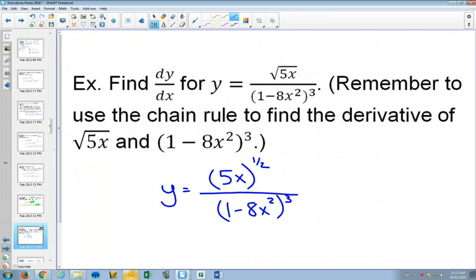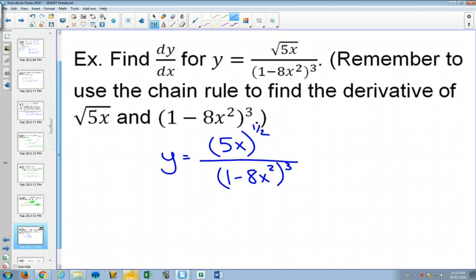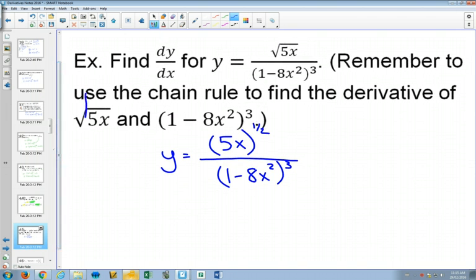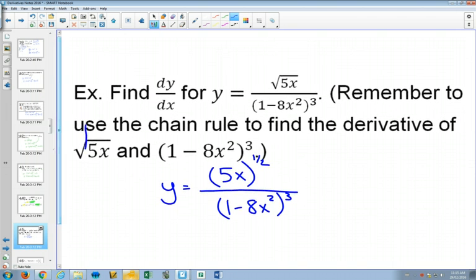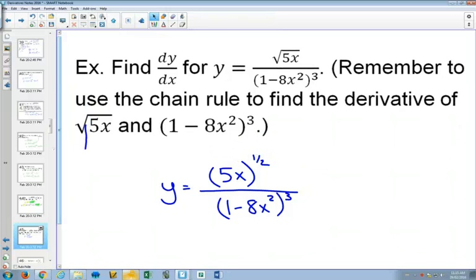The function on the top is a chain rule, because there's a function inside of a function. The function on the bottom is a chain rule, because there's a function inside of a function. And we have our quotient rule, because we have a function divided by a function. So we start by doing our quotient rule.